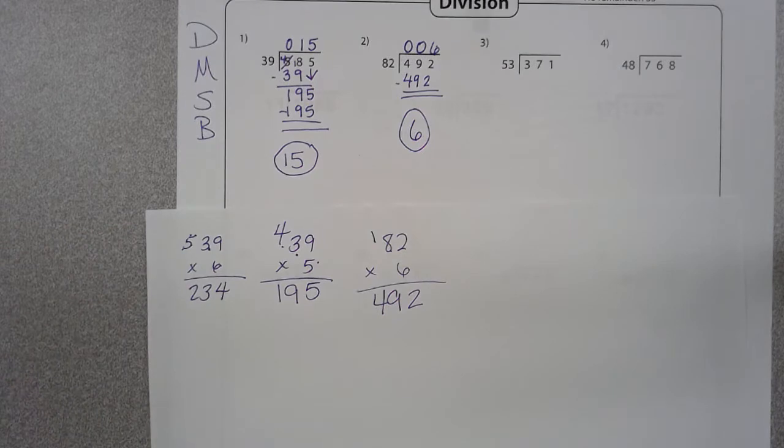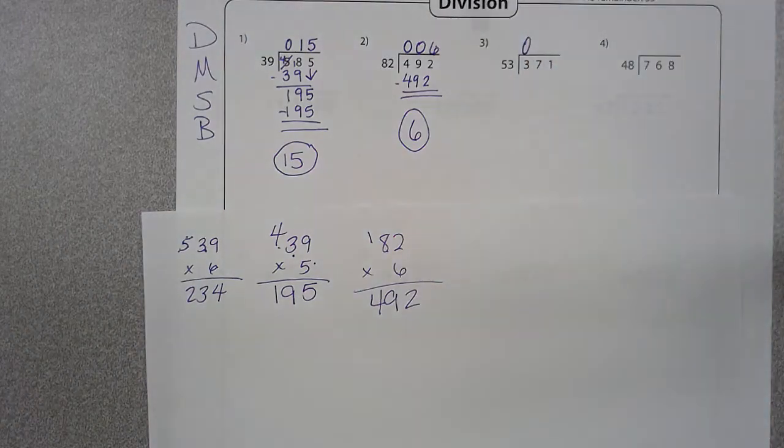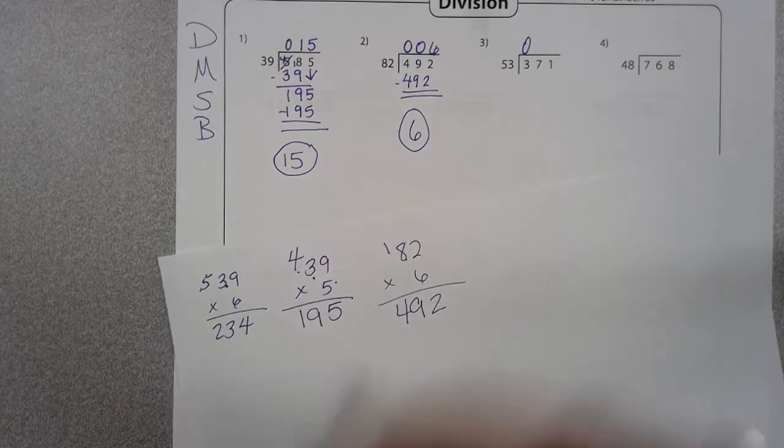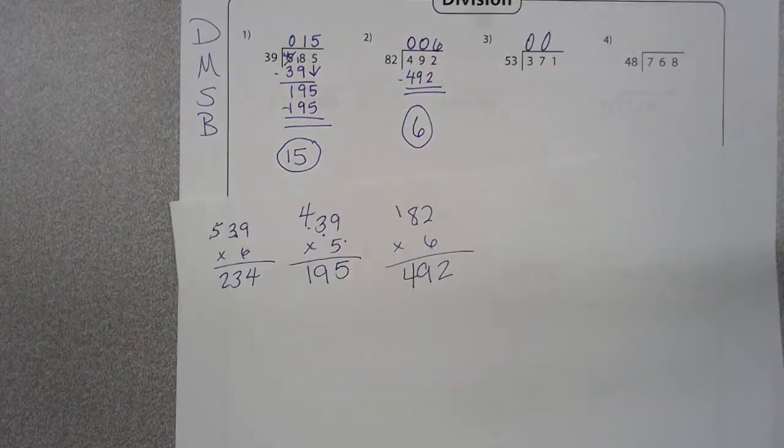Okay, next question, 371 divided by 53. All right, so how many times will 53 go into 3? None, it won't. How many times will 53 go into 37? Not that I know of, no. Okay, so once again, we have to figure out what big number here.